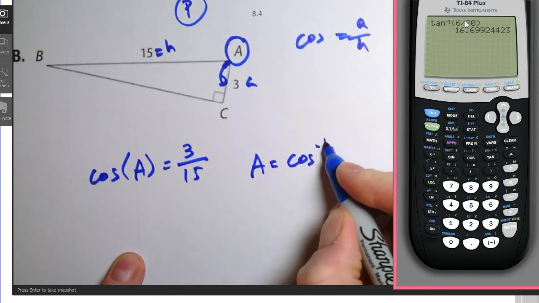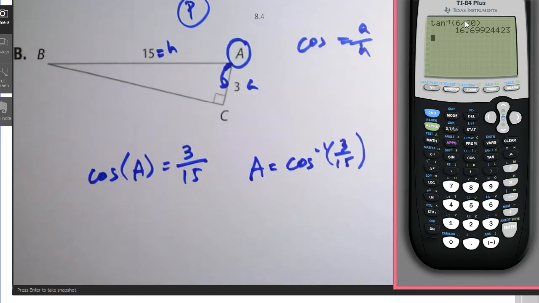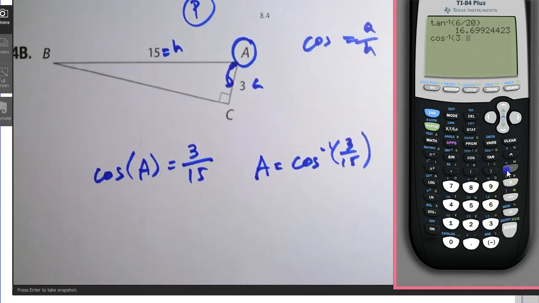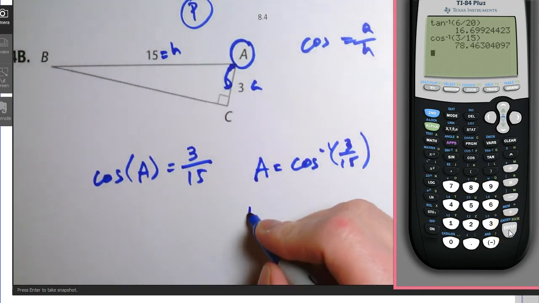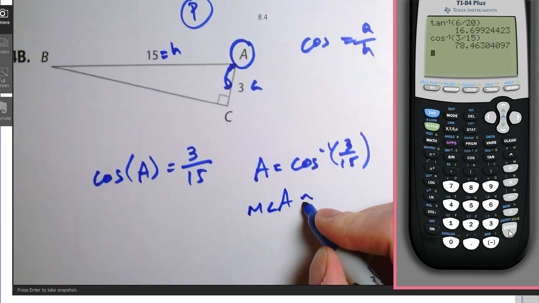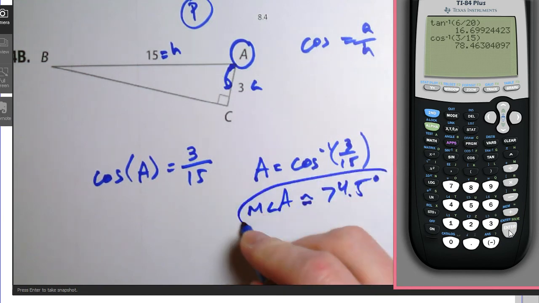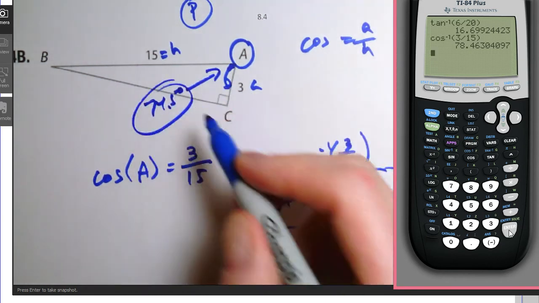So with 3 over 15, get the calculator out. Second cosine pulls up inverse cosine. 3 divided by 15, and I get 74.5 to the nearest tenth. So the measure of this angle is 74.5 degrees.